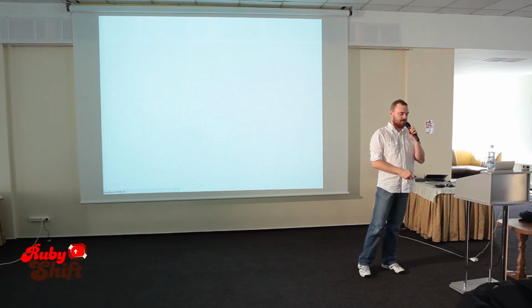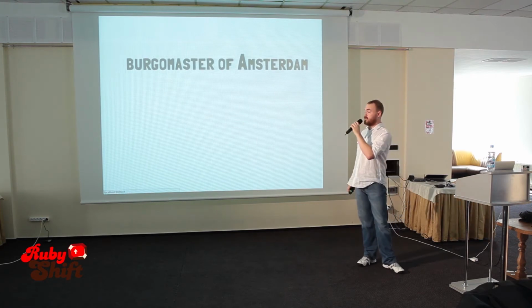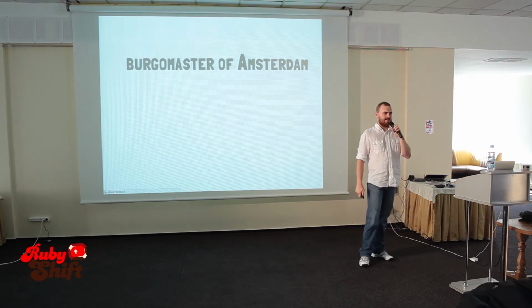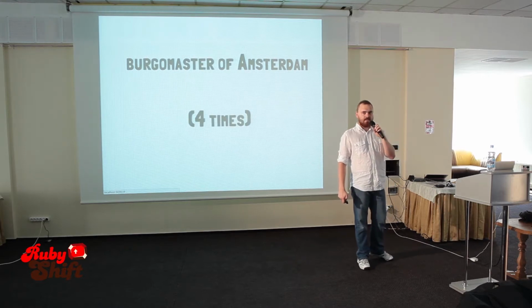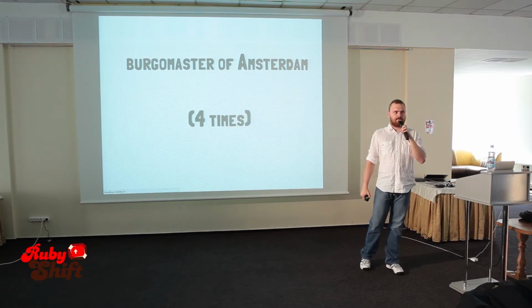And what's more, he was Burgomaster of Amsterdam, some kind of a mayor, 4 times. So he was more like a politician, not a doctor. And he was 36 years old when he ordered this painting. He paid Rembrandt to paint this painting.